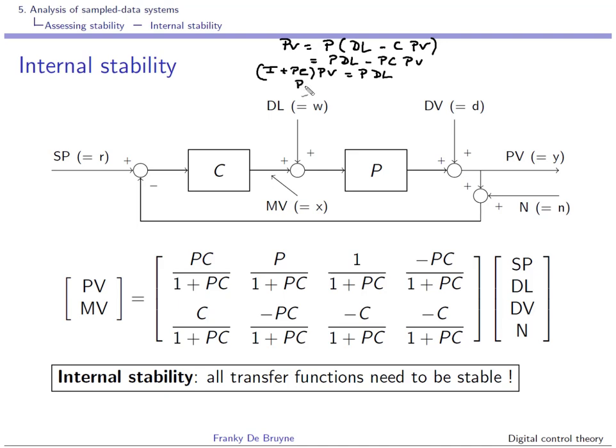So here PV is this matrix inverse. Now we multiply this whole equation by this matrix inverse. So in the multivariable case, this is the relation that we have, and then we speak here of a transfer matrix. Notice here that the order is different than the one we had considered before. So in the SISO case, this will of course simplify to this transfer function as shown here on the slide.